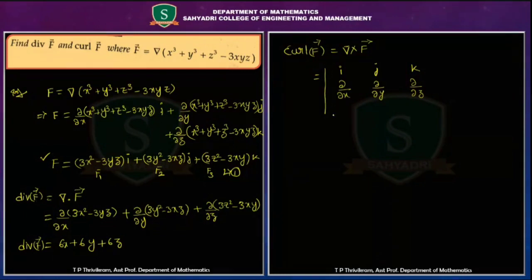That means the i quotient is 3x square minus 3yz, next 3y square minus 3xz, next 3z square minus 3xy.